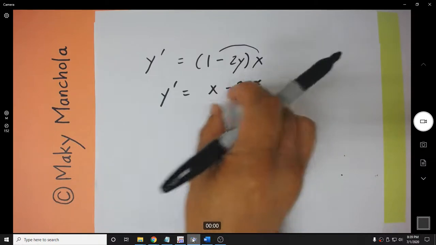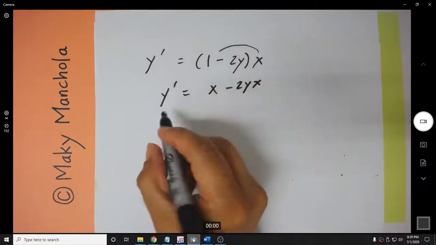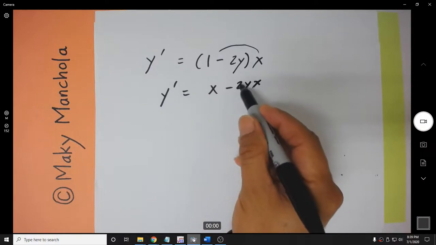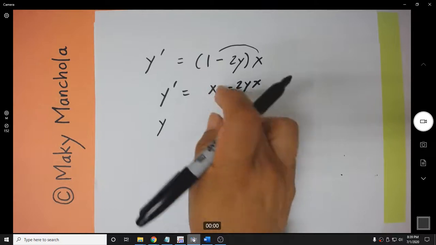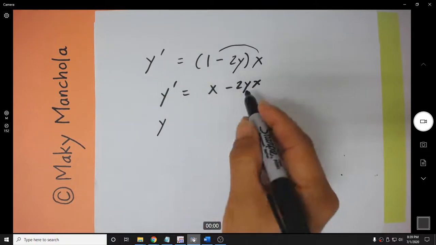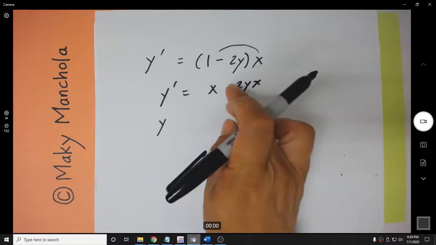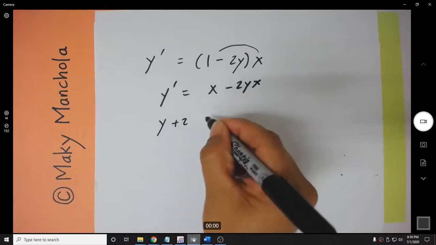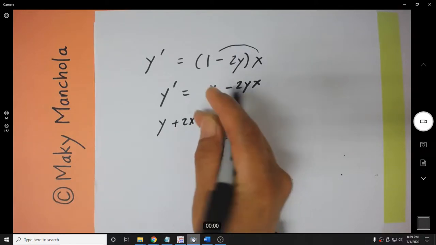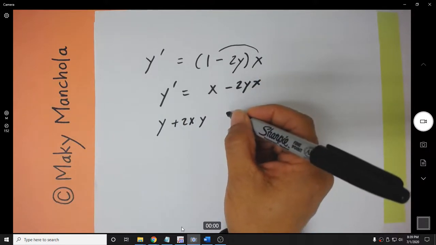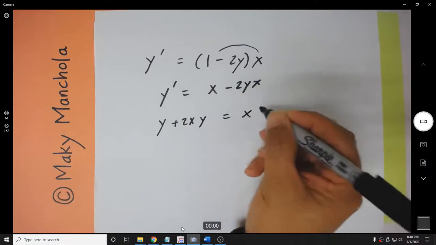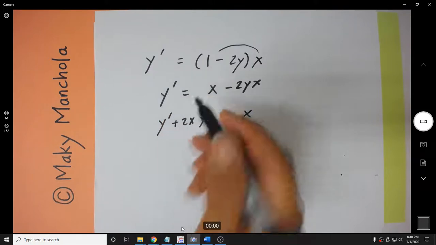And I would like to put y prime and y together, so I'll bring the 2yx to the left side, so add 2yx on both sides. So what do you get? You get plus 2yx. I want to put the x in front of the y, equals x. Oh, forgot the y prime.